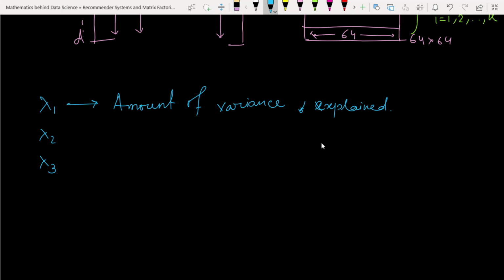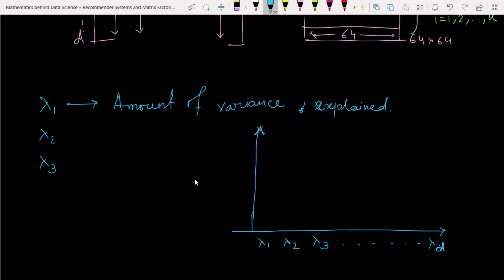If you plot the eigenvalues, lambda 1, lambda 2, lambda 3 up to lambda d, the dimension, if you are not considering the hyperparameter and consider all the parameters, then plotting the variance, the picture will look like this.